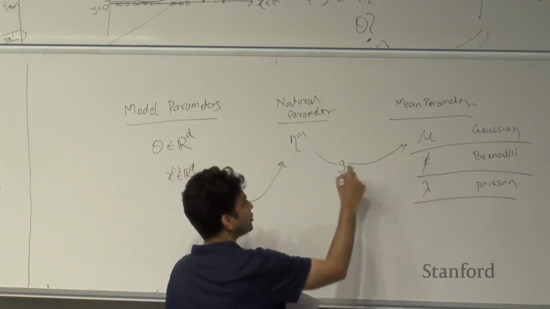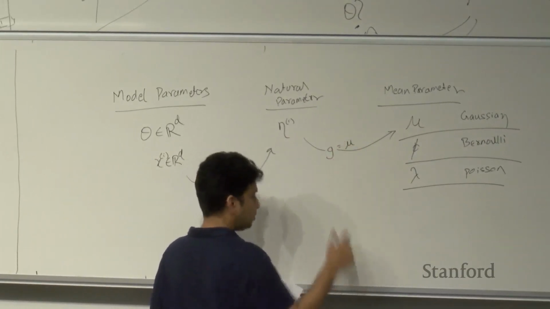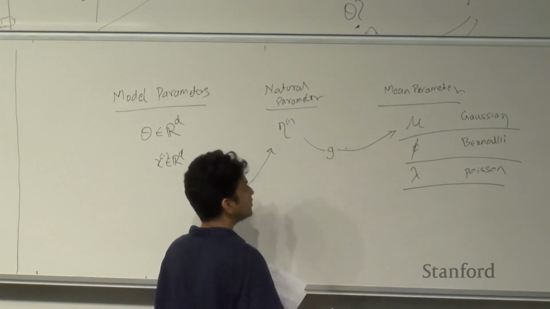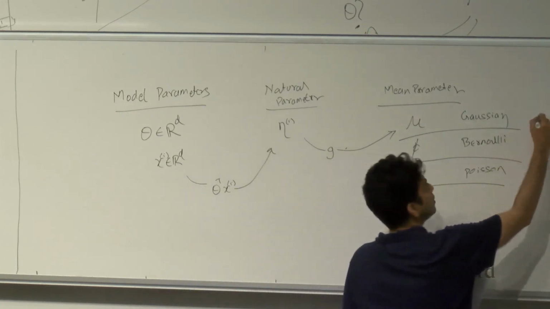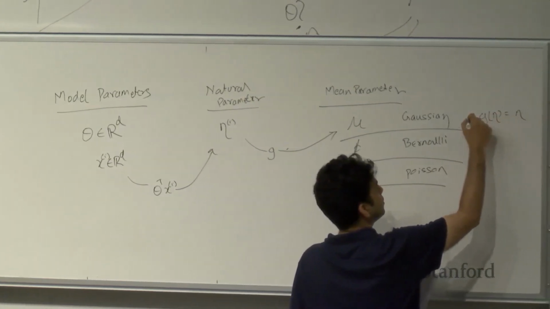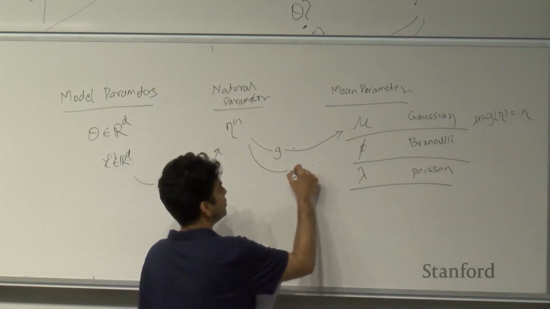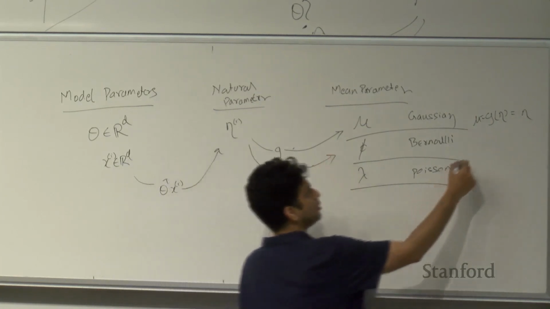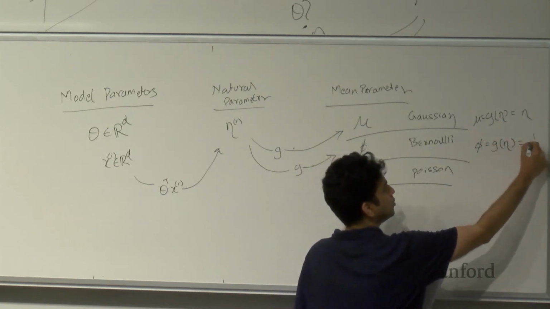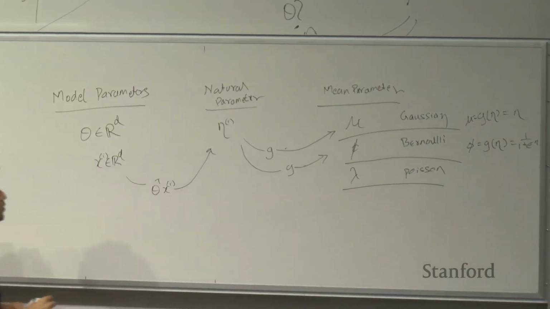In case of Gaussian, g of eta is just equal to eta, and similarly in case of Bernoulli, phi equals g of eta equals 1 over 1 plus e to the minus eta, and so on, right?